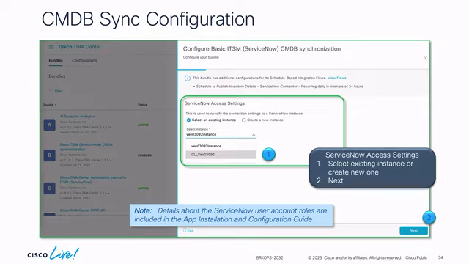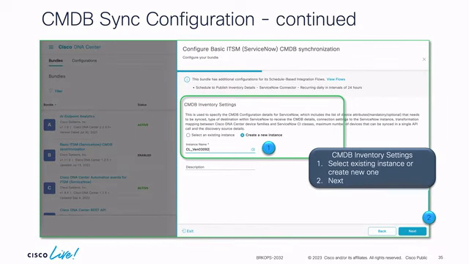In my case, I can use an existing one, and then I will define the access settings for that instance. I will define where I want to send these records, because we have, let's say, 1,000 devices managed by Cisco DNA Center. I need to update the CMDB table with 1,000 records for these devices. And I'm going to decide where I want to send them.